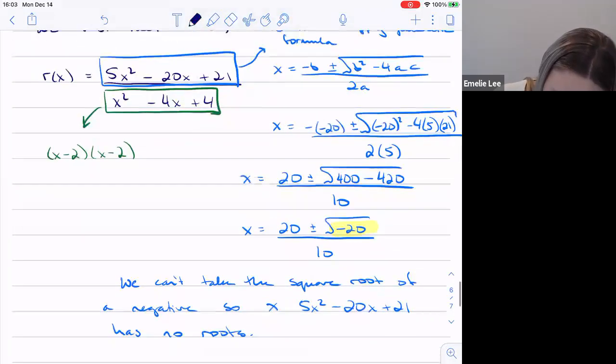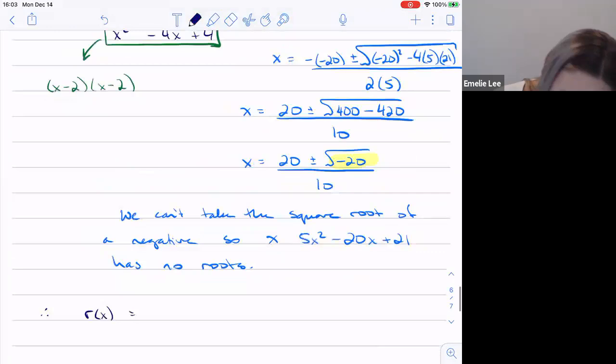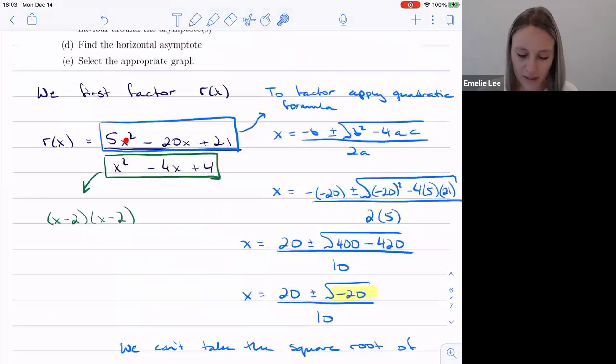Therefore r of x we can rewrite, and I don't need to factor the numerator because I already found that there are no roots.